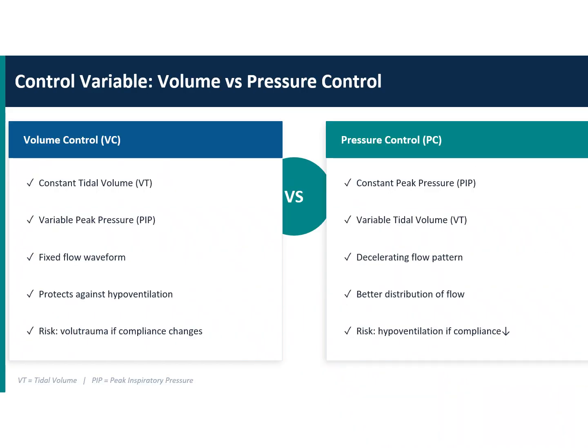So in volume control ventilation, we discussed that we set a tidal volume. In a logical way, when we try to understand volume control ventilation, we think that if you set a volume of 400 ml, the ventilator is going to deliver 400 ml no matter what. That's a wrong understanding. Most modern ventilators are actually dual-control ventilators, and you can put in alarm settings.